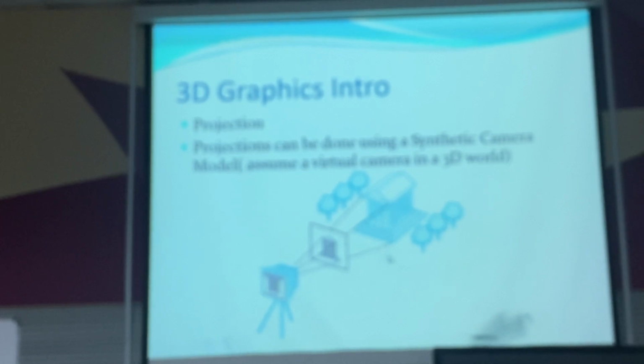This one is perspective view, so your graphic on the screen will look like 3D. We will go into detail on projection later in chapter 5, with perspective and orthographic views.